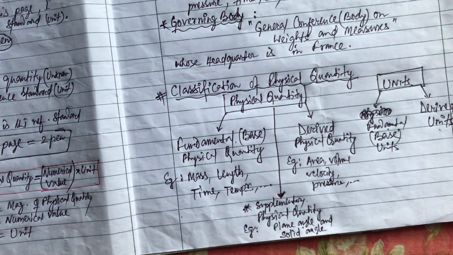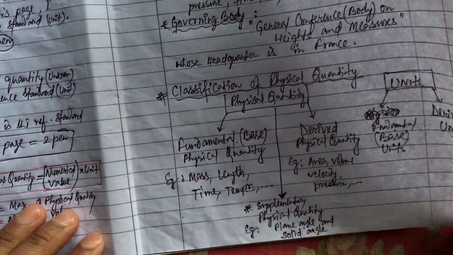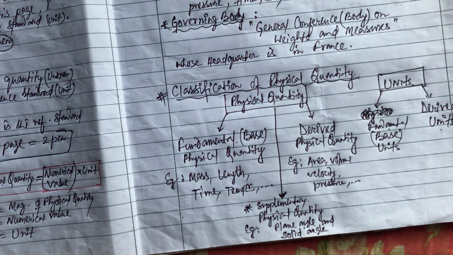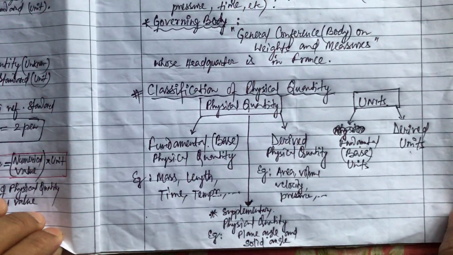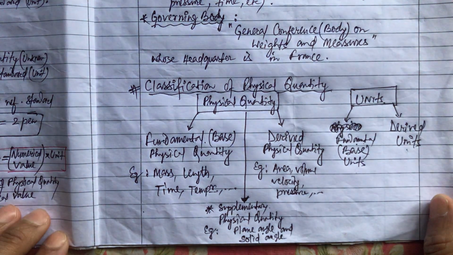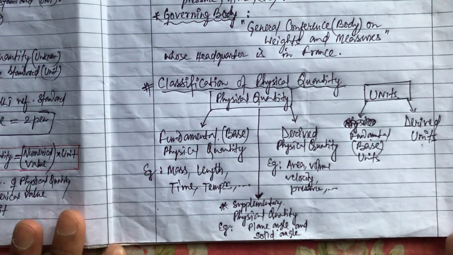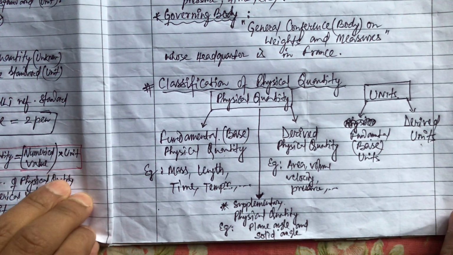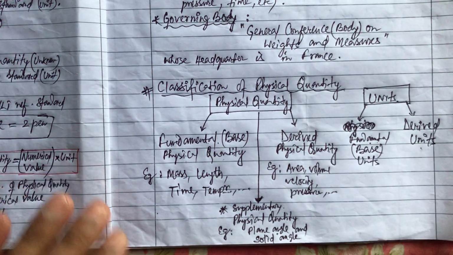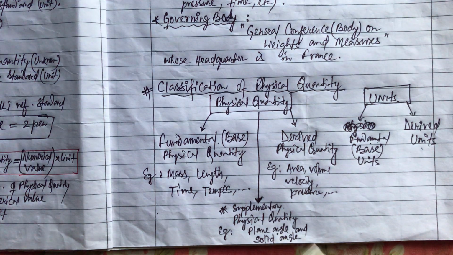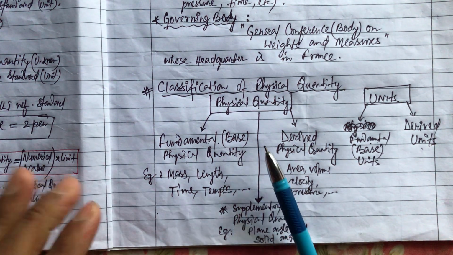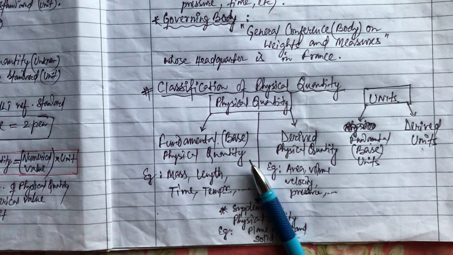Okay, now let me stop here. So this much for today, and in the next video we shall see the next point in this chapter, that is system of measurement.